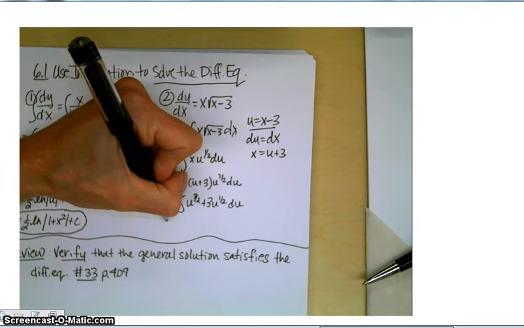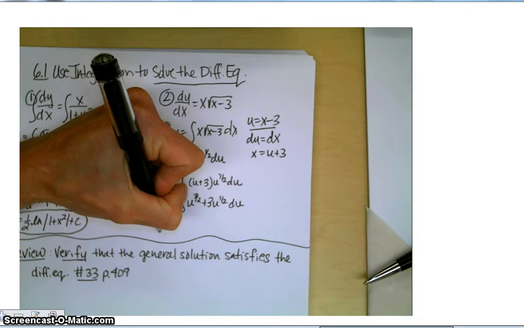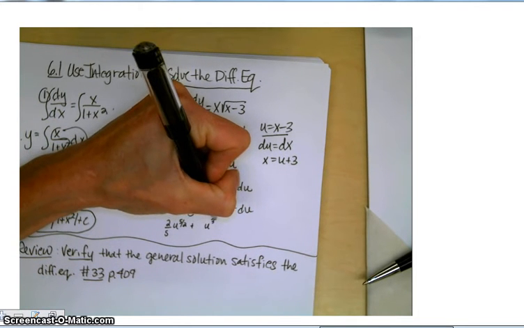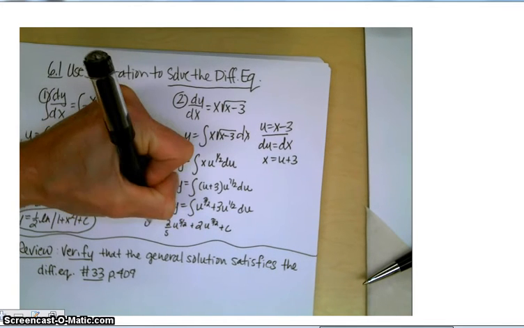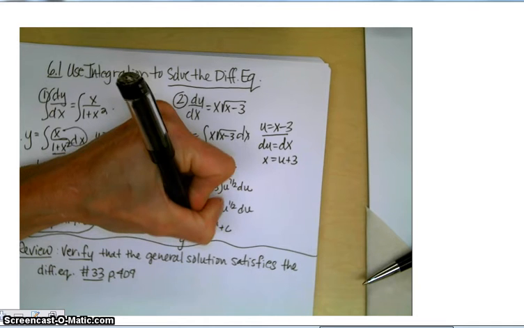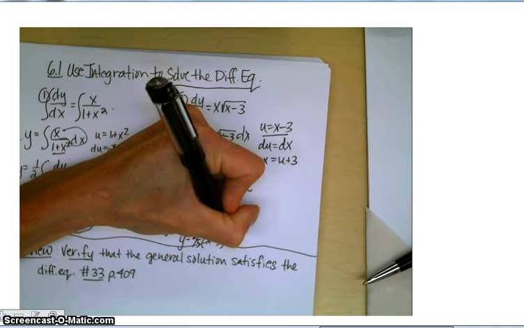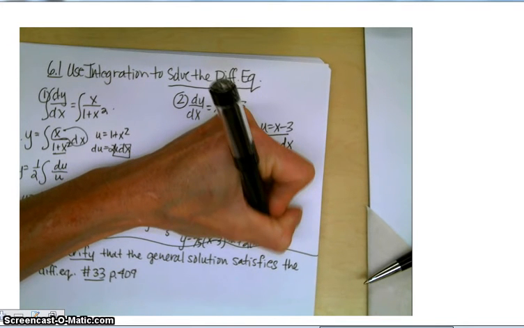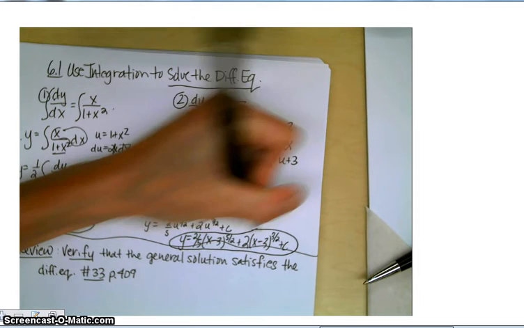I add 1 to the exponent and divide by the new exponent, multiply by the reciprocal. Add 1 to the exponent and divide by that. The 3's will cancel, and I'll have a 2. And then the very last thing that I need to do is put my u's back in, so y will equal 2/5 times x minus 3 to the 5/2 power plus 2 times x minus 3 to the 3/2 power plus c. And I'm all done.